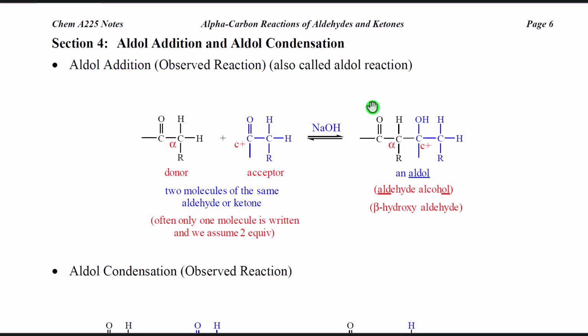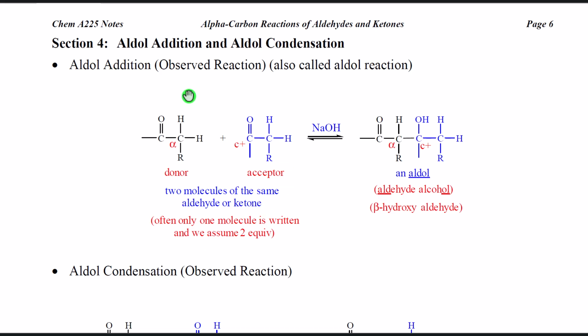So you can see that the product is a molecule that is composed in part from the donor and in part from the acceptor. Now, this product historically is mostly made using aldehydes, and the product would therefore be an aldehyde alcohol, technically a beta hydroxyaldehyde. So therefore, it was given the name aldehyde alcohol, aldol.